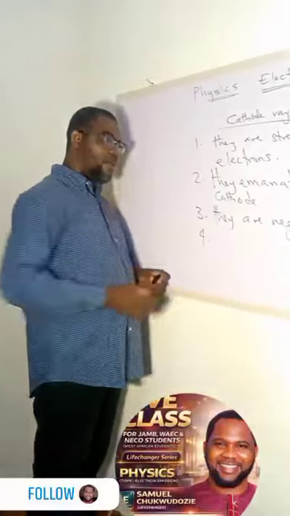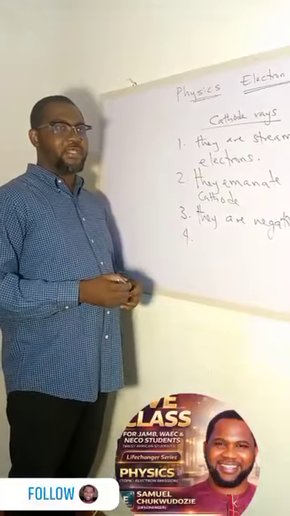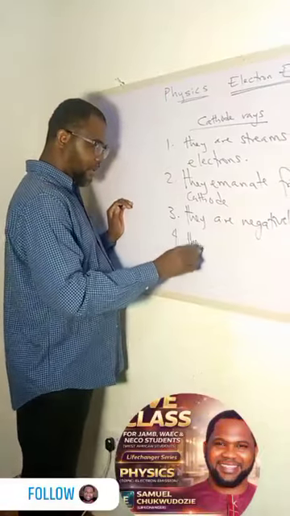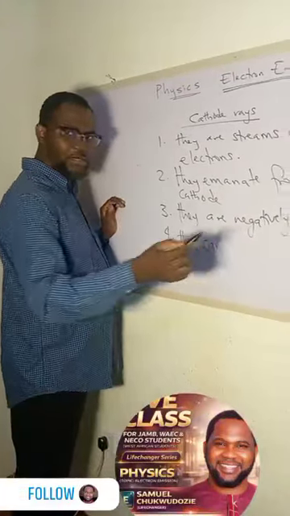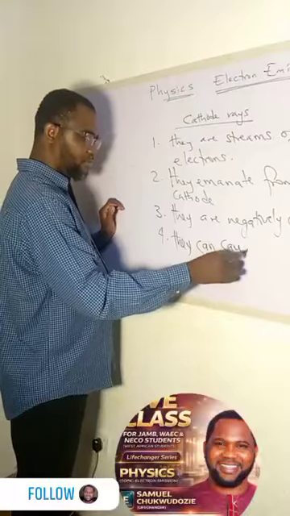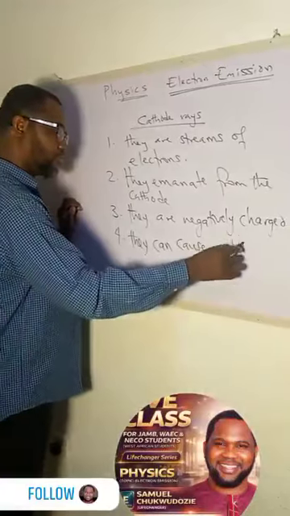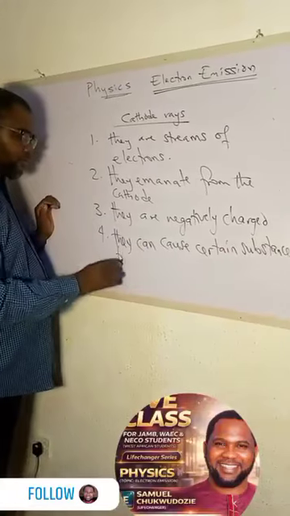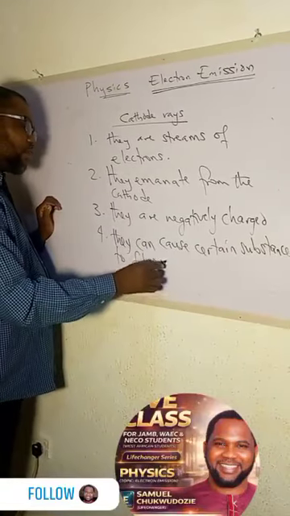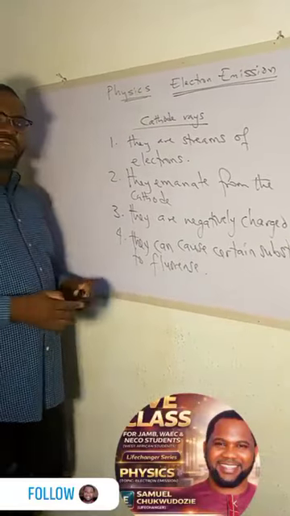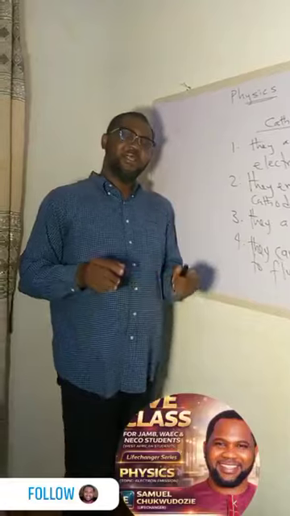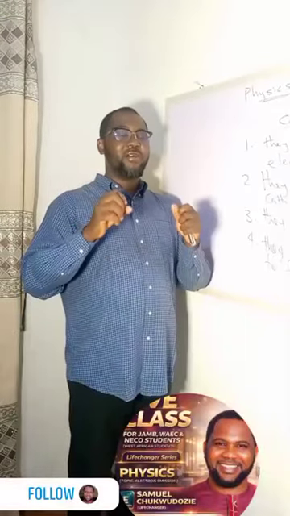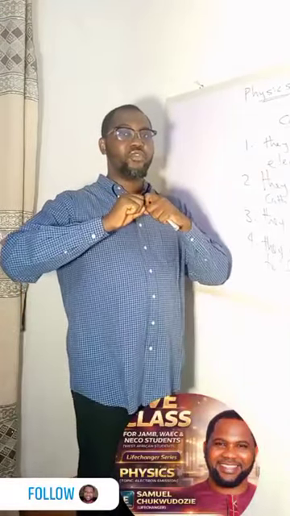Number 4, cathode rays can cause certain substances to fluoresce. Now, what do we mean by causing certain substances to fluoresce? From the word fluorescent bulb, it simply means that they can cause certain substances to show light.